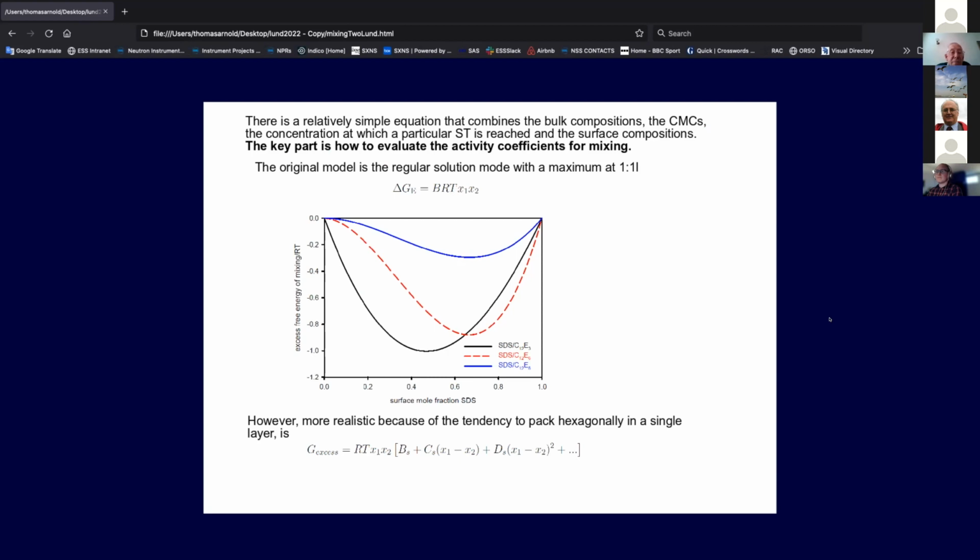So mixing is optimized by the free energy of mixing if it's negative. The example shown here is SDS with C12E3 in the black, and you can see that is pretty symmetrical.